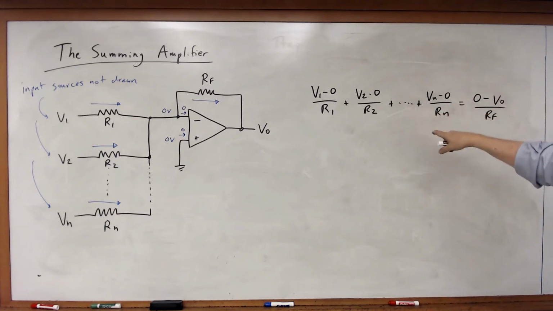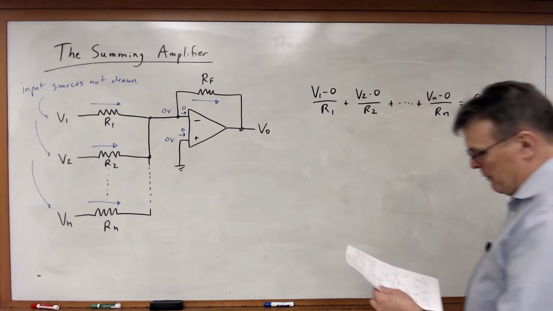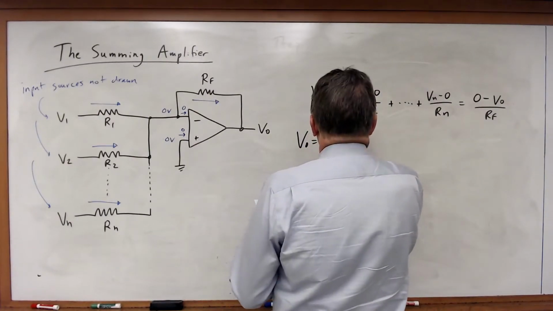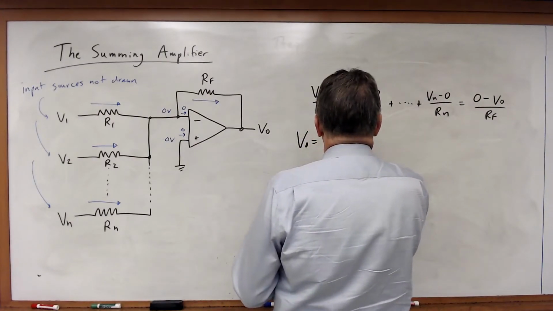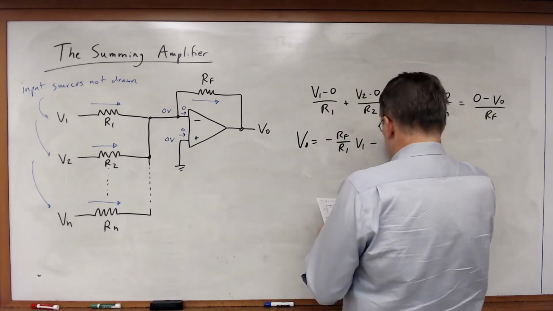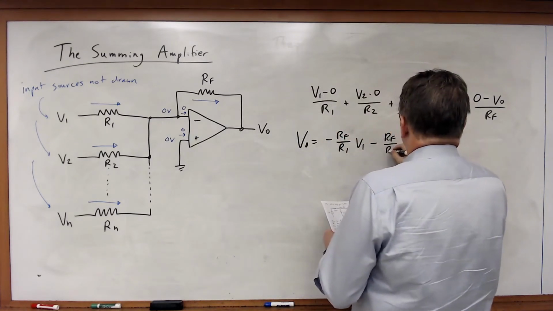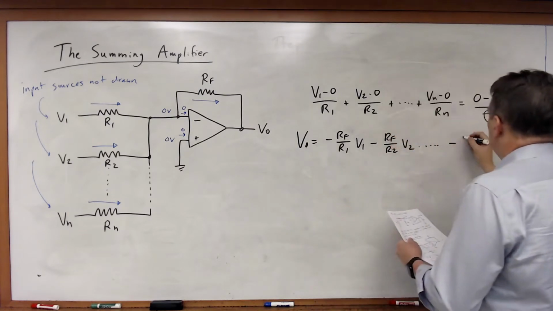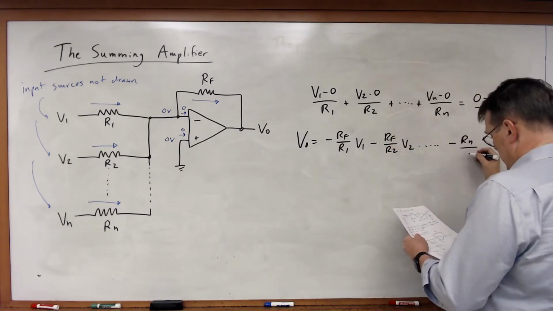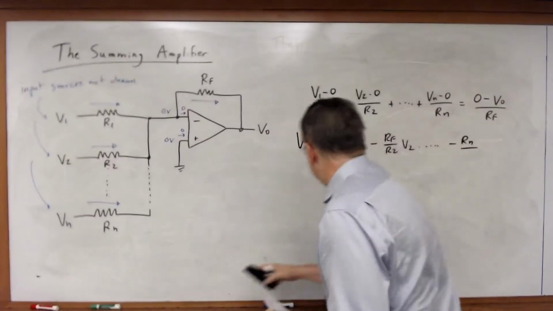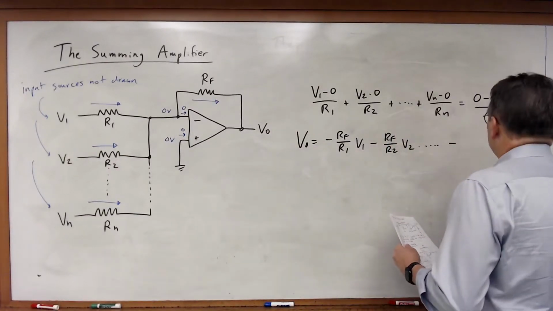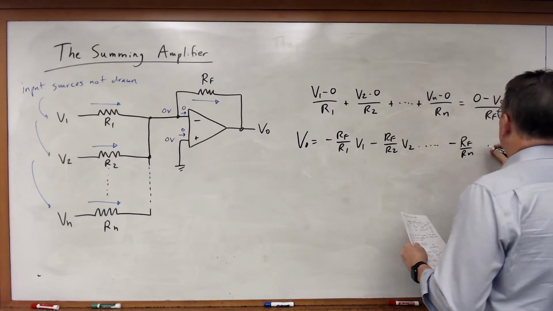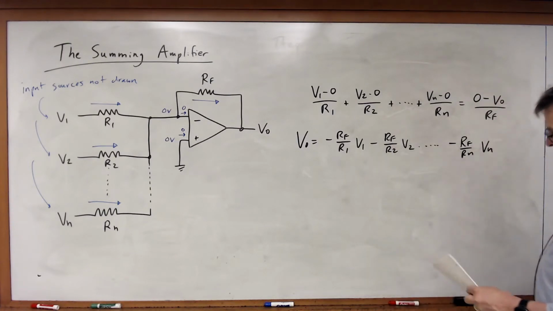If I take this equation in rearranged terms, what I will get is that VO is equal to minus RF over R1 times V1, minus RF over R2 times V2, all the way to minus RF over Rn times Vn.